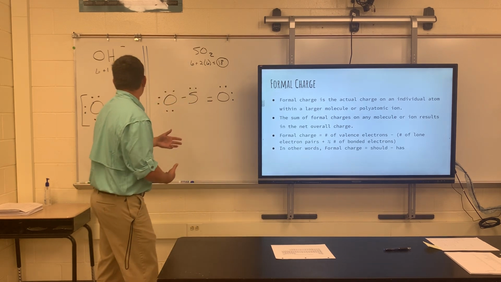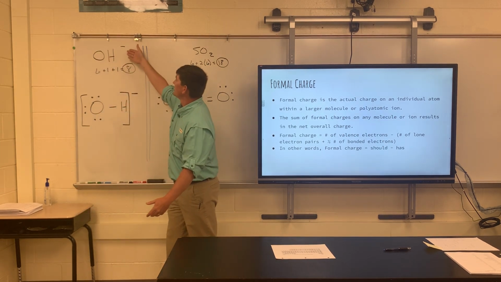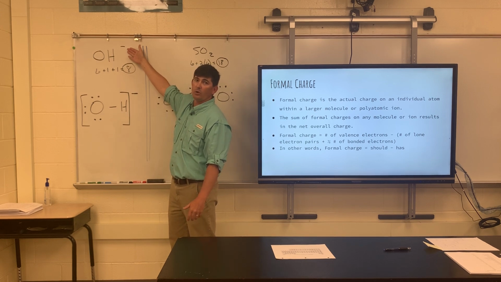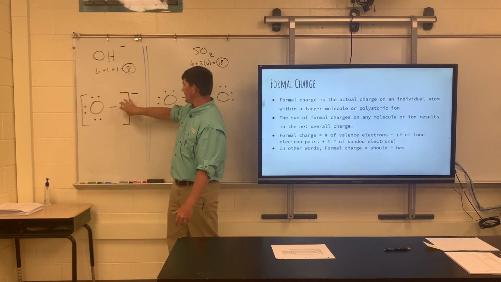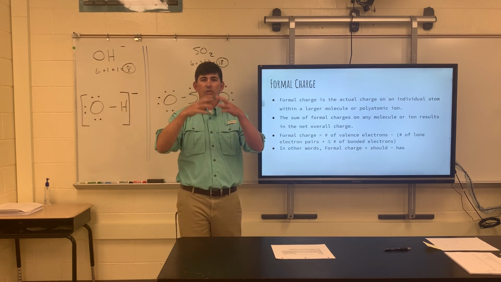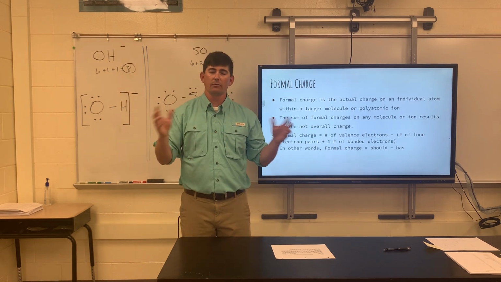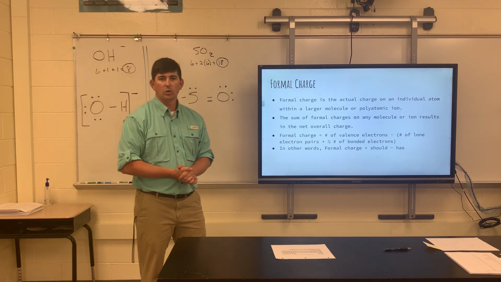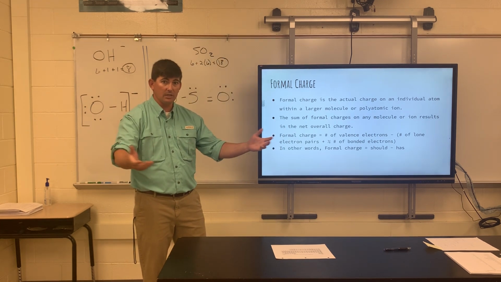If it's a polyatomic ion like this guy, it's got a net charge of -1, so the formal charge of each of these guys would have to add to -1. So the sum of the formal charges has to add up to whatever the whole net charge is. In most cases, that's going to be 0.